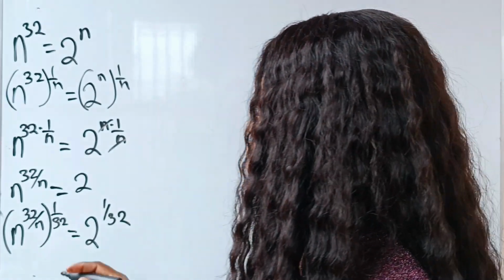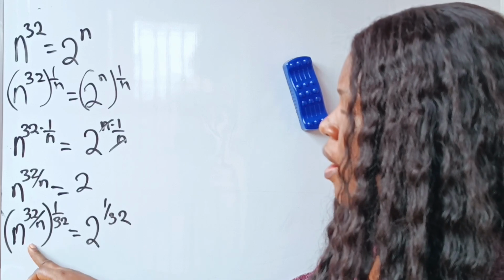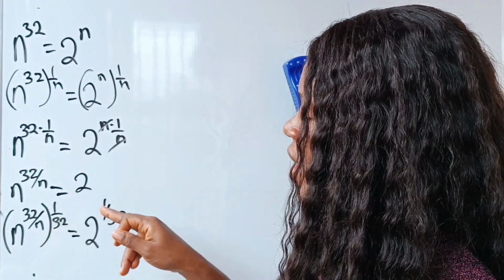As I explained, this is the same thing as n to the power of 32 divided by n multiplied by 1 over 32.